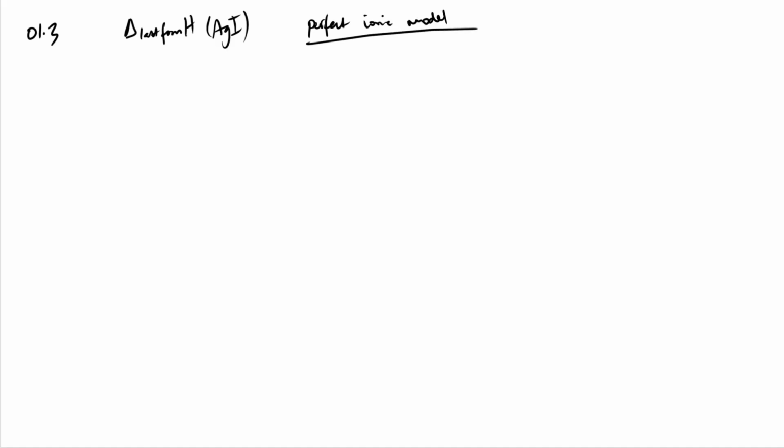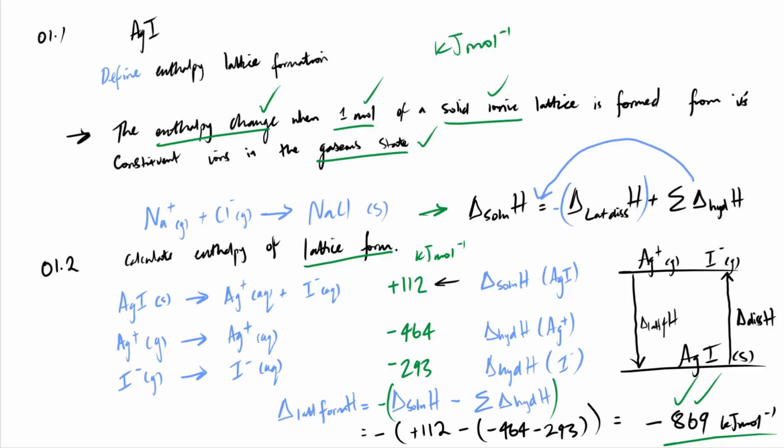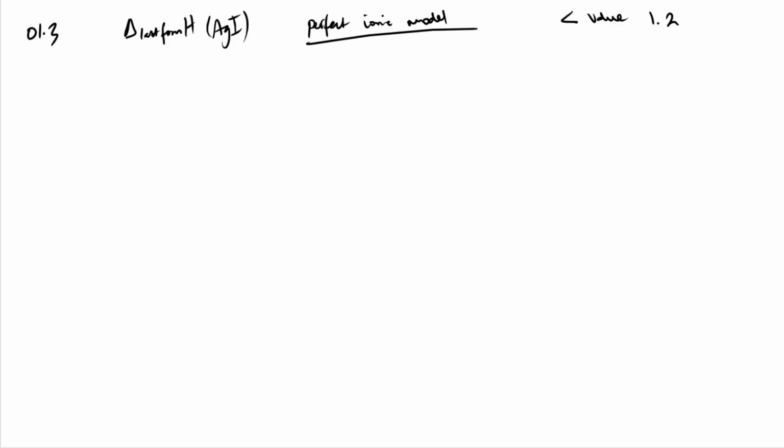You should remember this from your revision, or you should learn it if you haven't yet. It does pop up. And what is it? It's given us a smaller value than question 1.2. If we go back, question 1.2 is minus 869, and it's giving us a smaller value. So what I think would be best is for me to quickly run through what the perfect ionic model is.